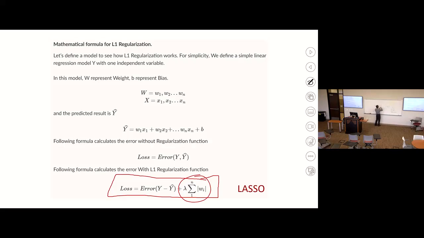If you have a lot of small values here, 0.01, 0.05, and these add up to bigger values inside here, you make your model's overall loss function less attractive. So you want to minimize the terms here. You only keep the most important ones, not using a cutoff, but just letting the optimization function find it for you.